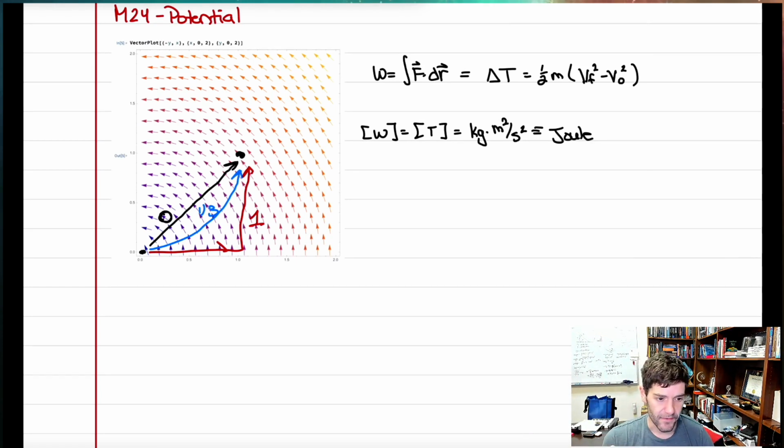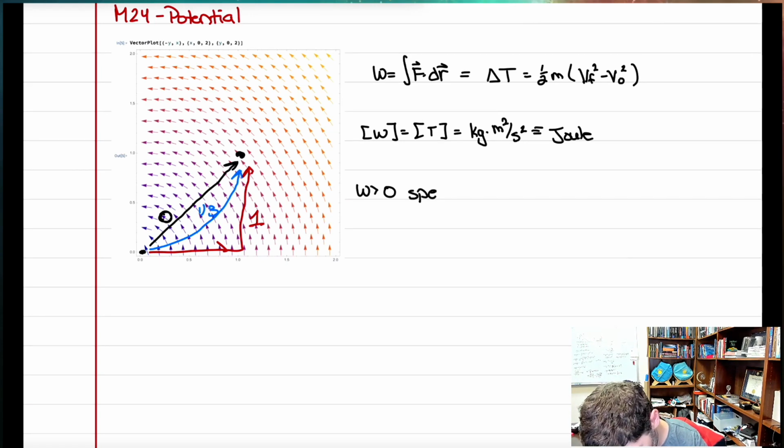Now let's think about, again, geometrically, why the blue and the red curve result in speeding up while the black curve resulted in no change in your motion. You did not speed up or slow down. Remember we said that work being positive meant speeding up.